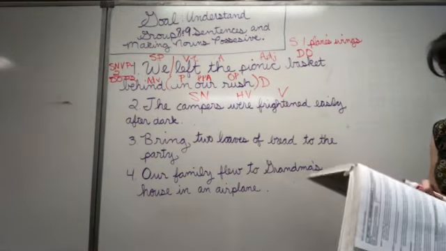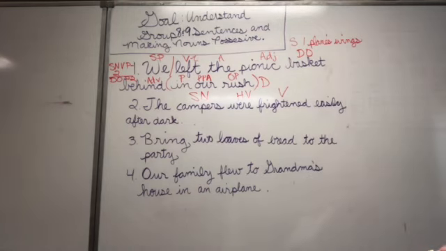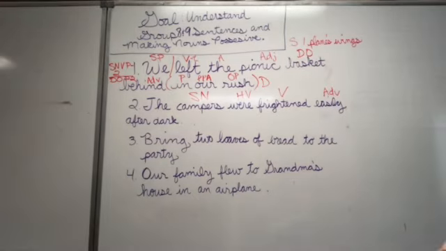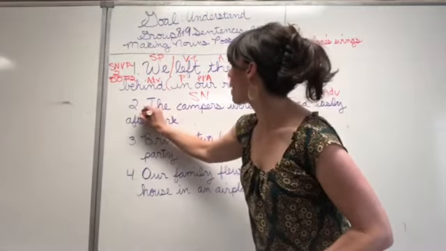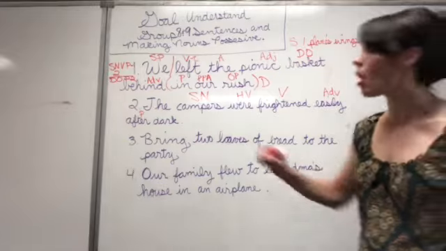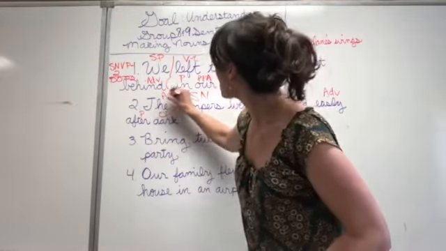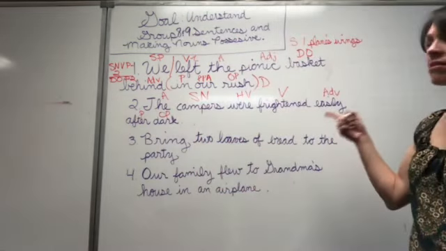Were frightened how? Easily, adverb. After, preposition, after what? Dark, object of the preposition. The, article adjective.